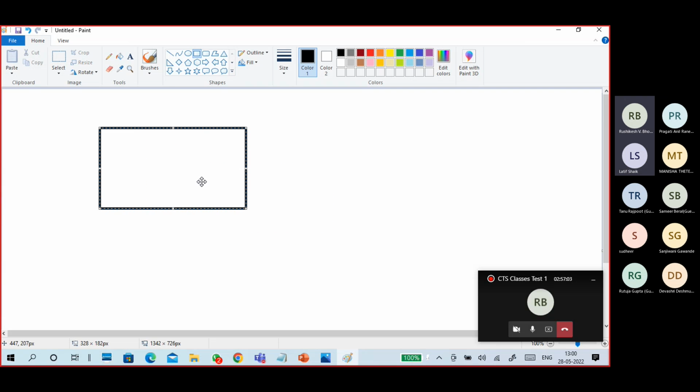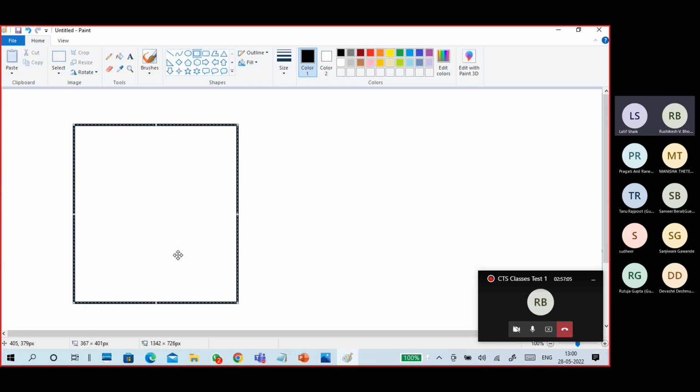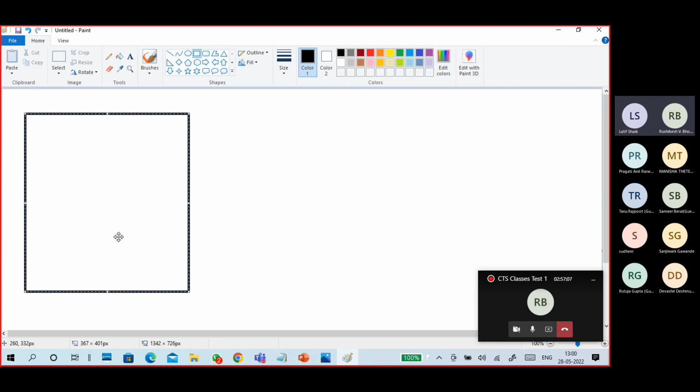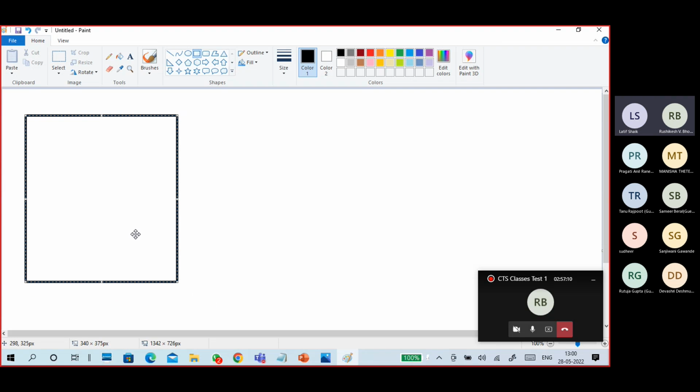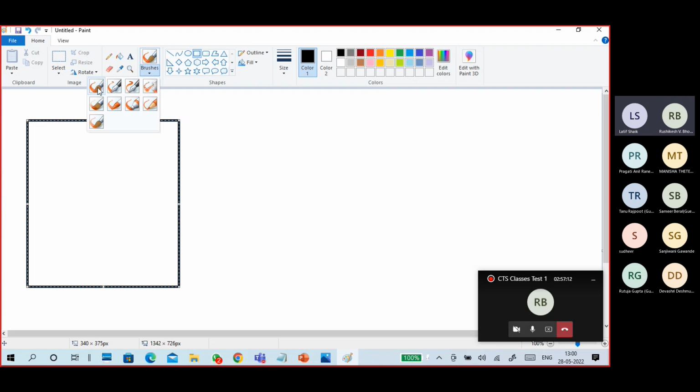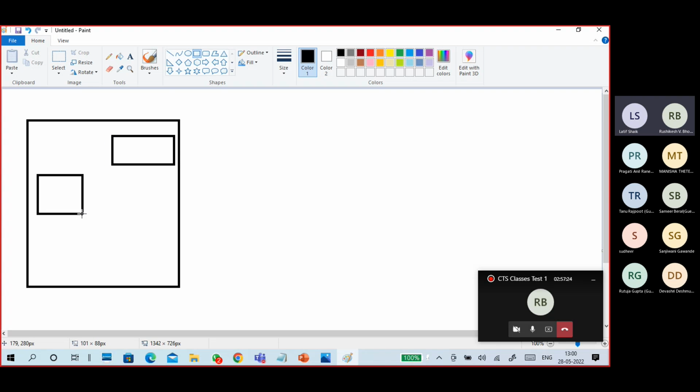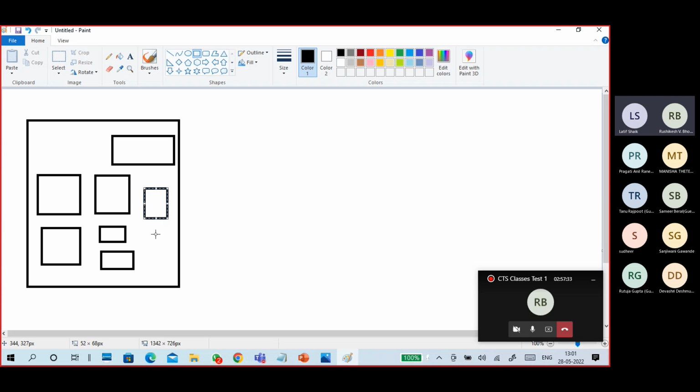Guys, look here. This is an organization. It's a service provider organization. What is it doing? It is providing a service. There are some people working in this organization, and there is some infrastructure in this organization as well.